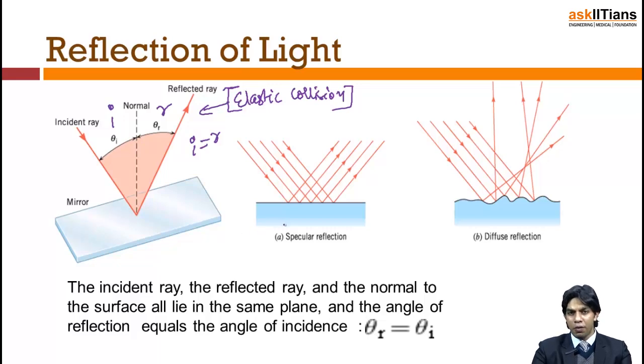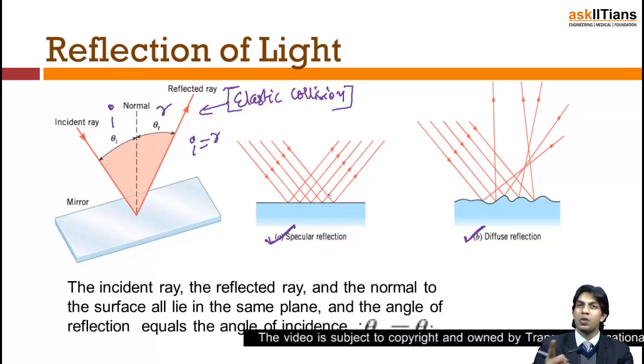Now, there are two types of reflection. One is specular reflection, the other one is diffuse reflection. If an object is undergoing specular reflection, then I won't be able to see that object properly because I don't have at least two light rays to locate the image, or the location, of a particular point. Whereas in diffuse reflection I do have at least two light rays coming from a particular point describing its position.